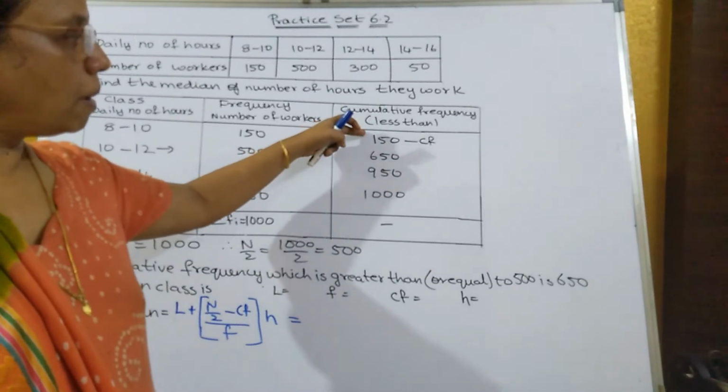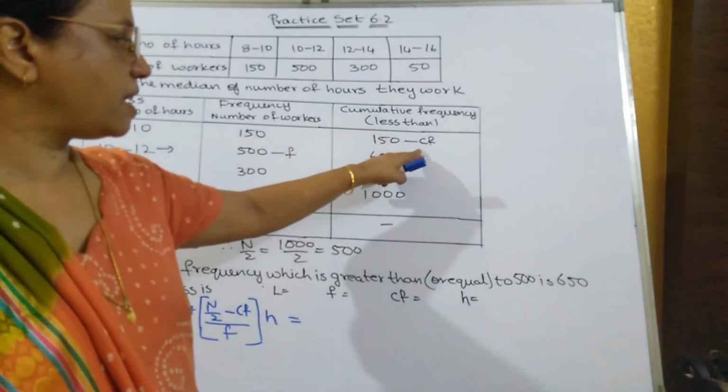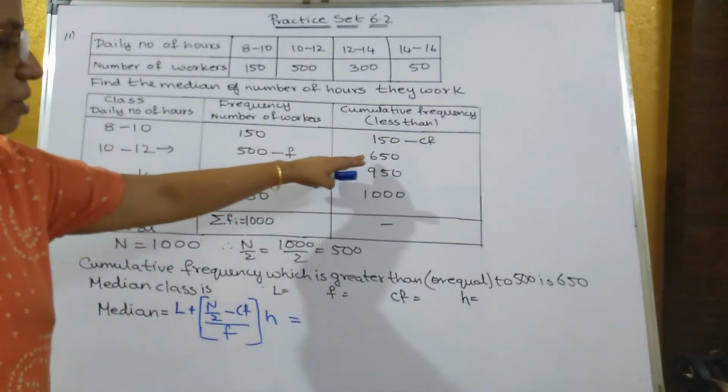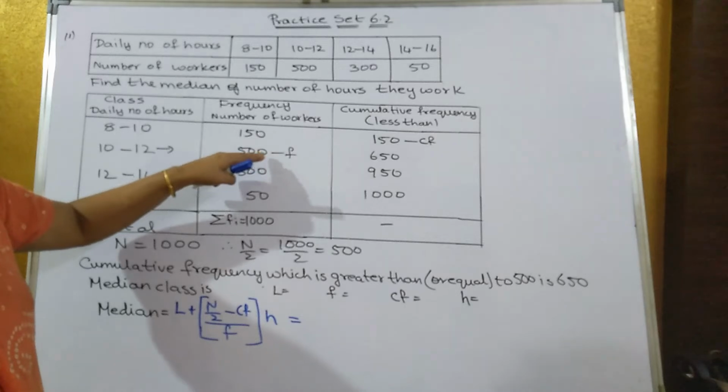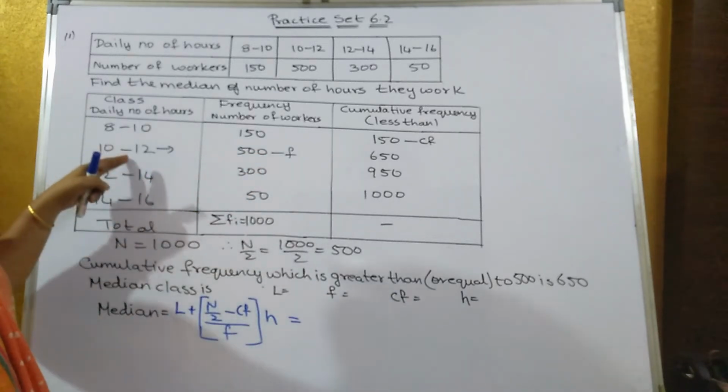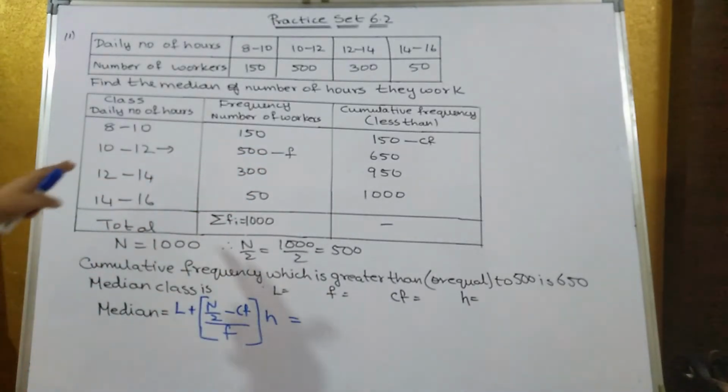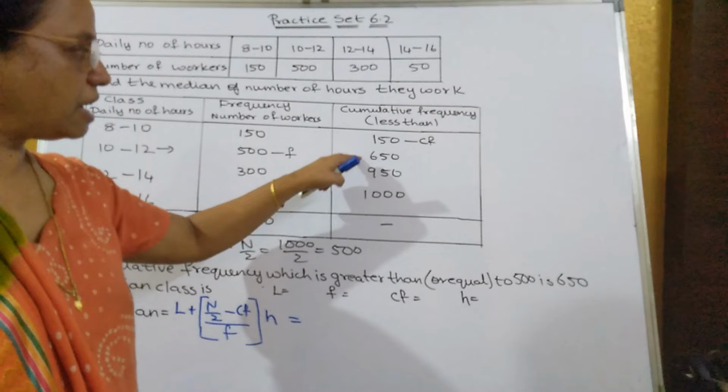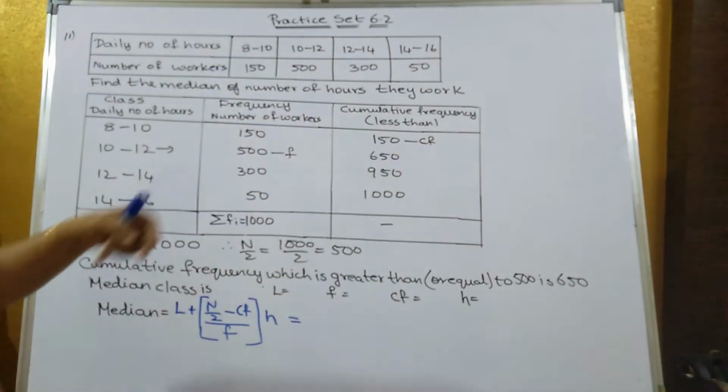We have to take the above cumulative frequency as CF, and the frequency in front of 650 you will take as frequency, and the same you will take the class also. The class and the frequency will be at this level, only the cumulative frequency you have to take from above.